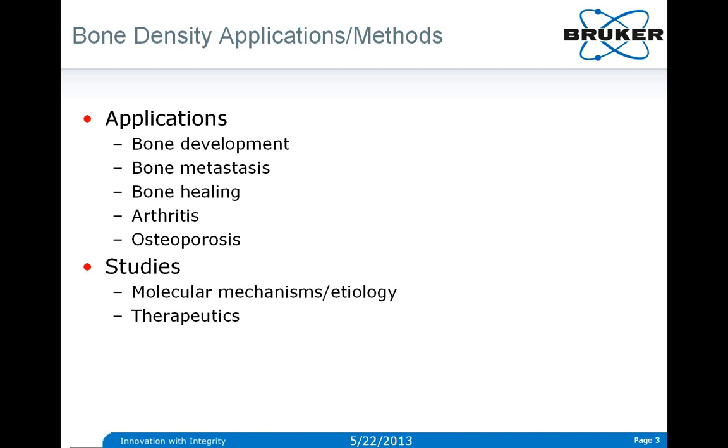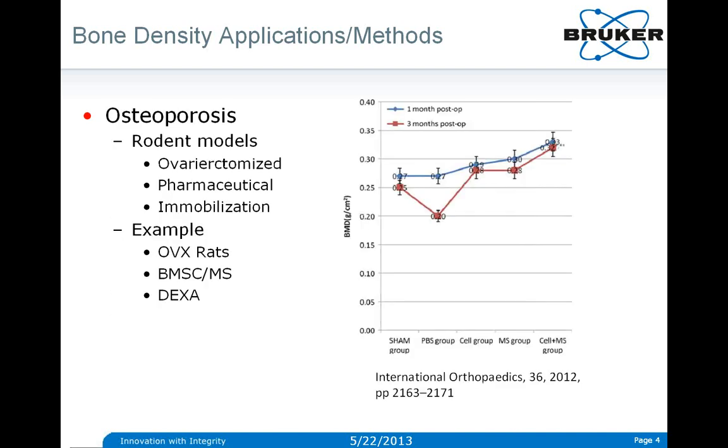Most of the studies are looking at one of two things, or sometimes simultaneously: molecular mechanisms and etiologies of diseases, as well as evaluating therapeutics. So the output data, when we're looking at a therapeutic, for example, might be, does the therapeutic change the bone density in the preclinical model?